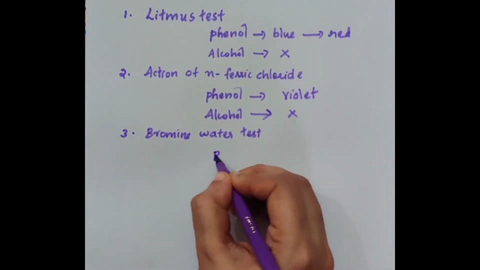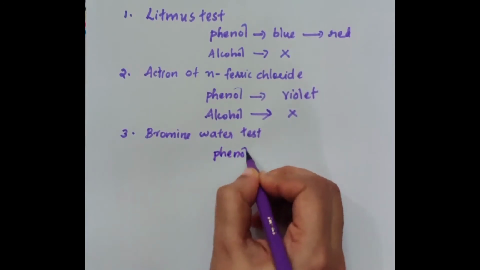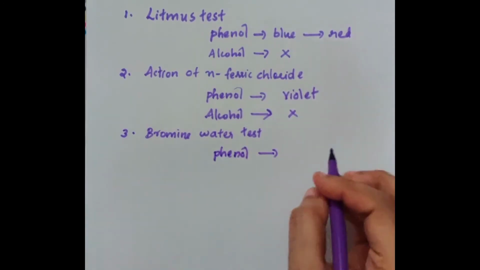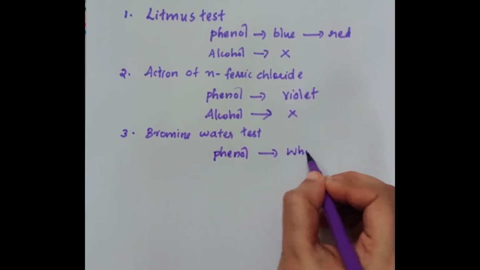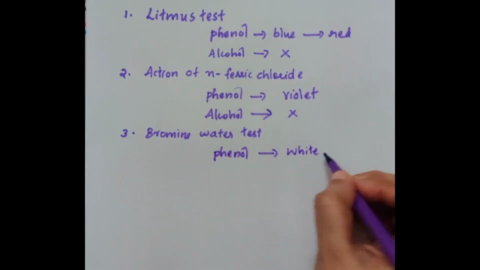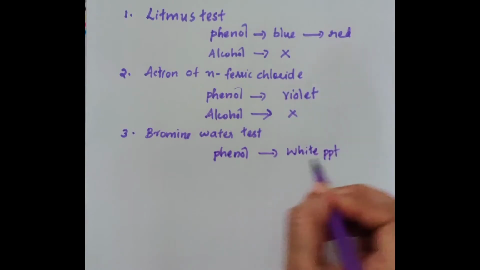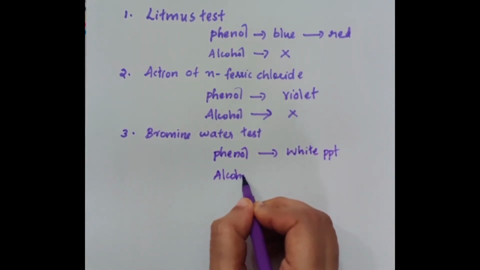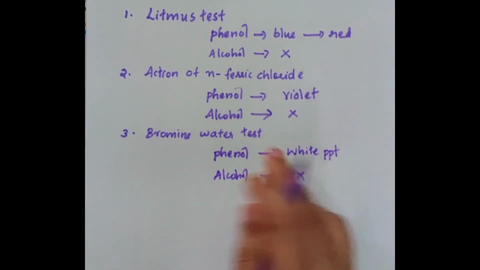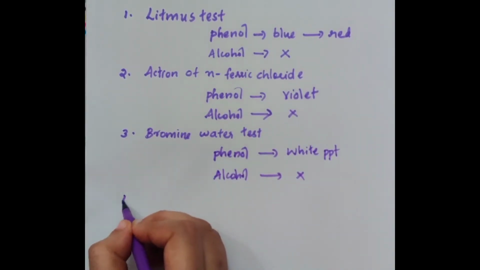Phenol yields a bromine derivative which is white in color, that is, it gives a white precipitate with bromine water.